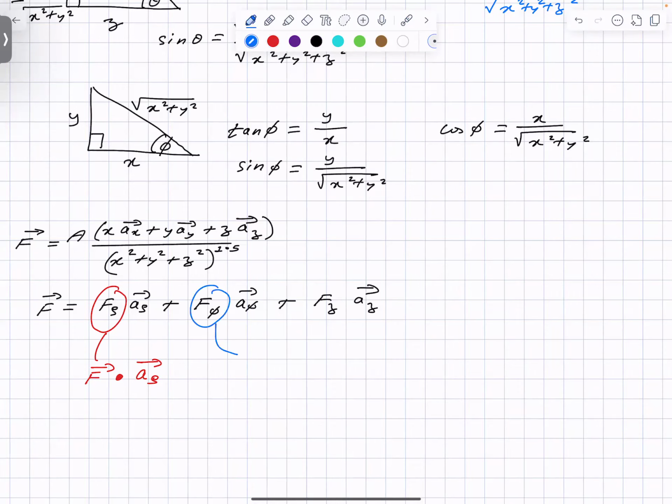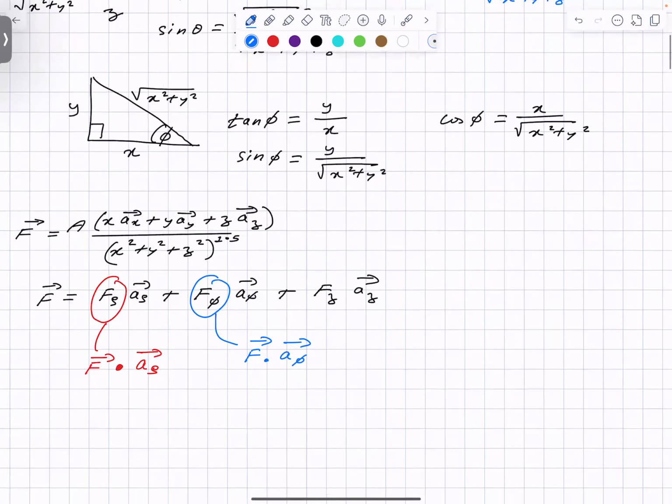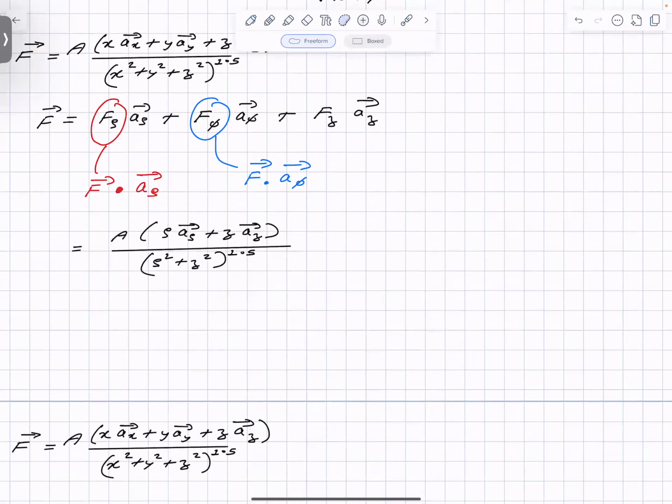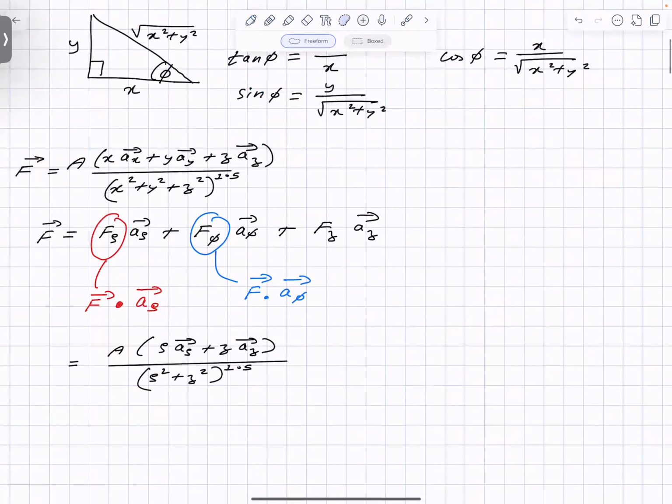Similarly, to get f phi, we take f in the rectangular system and do the dot product with a phi. And we're going to have to use table 1.1 to get the dot products between ax, ay, az, and a rho, a phi. So the final answer in the cylindrical system is going to be that.